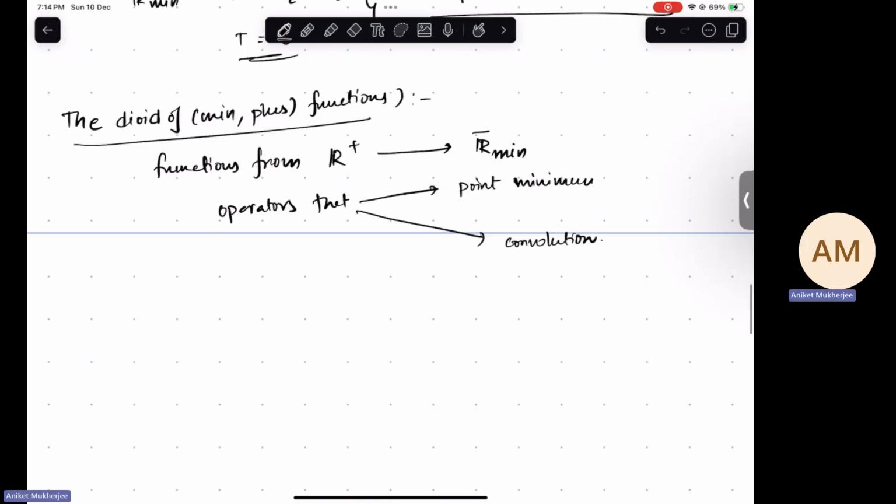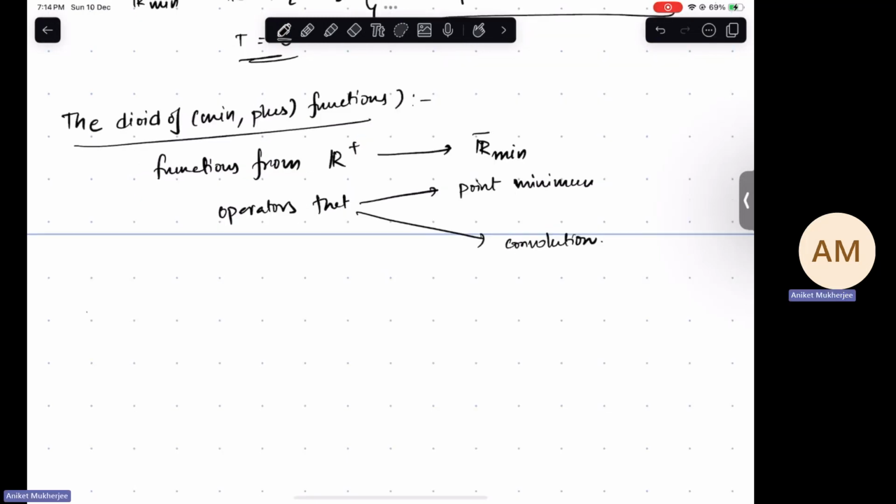Okay, so let me give you a definition of min plus functions.